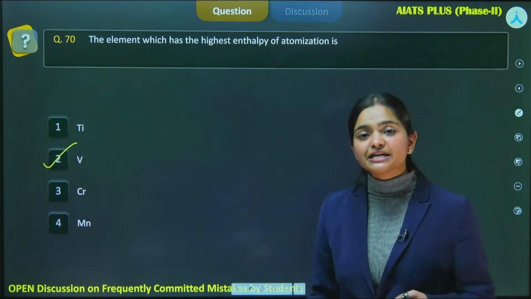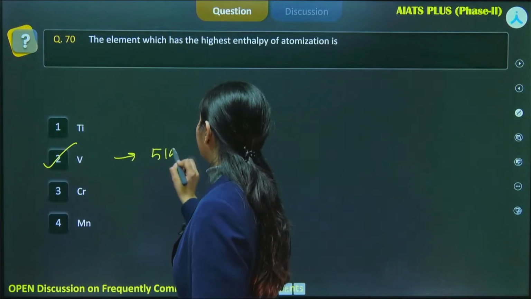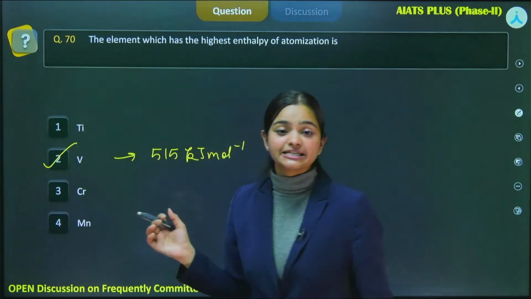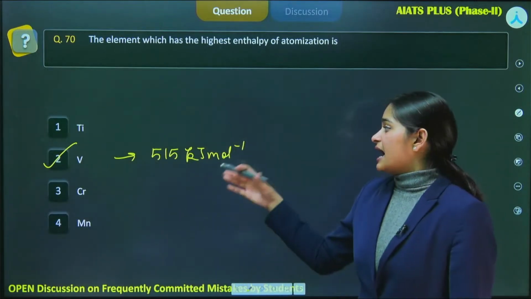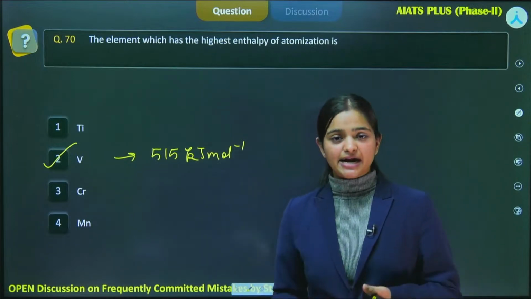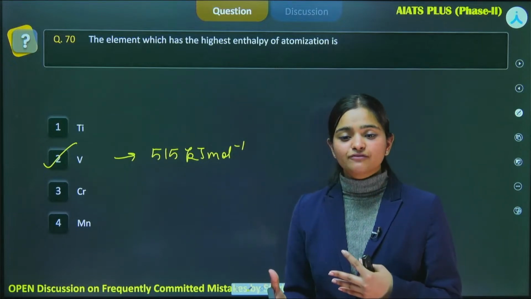It has been experimentally found that the enthalpy of atomization of vanadium is 505 kilojoules per mole, highest among the 3D series. And enthalpy of atomization is basically determined by the number of unpaired electrons available for bonding, so that the stronger the bonding will be.